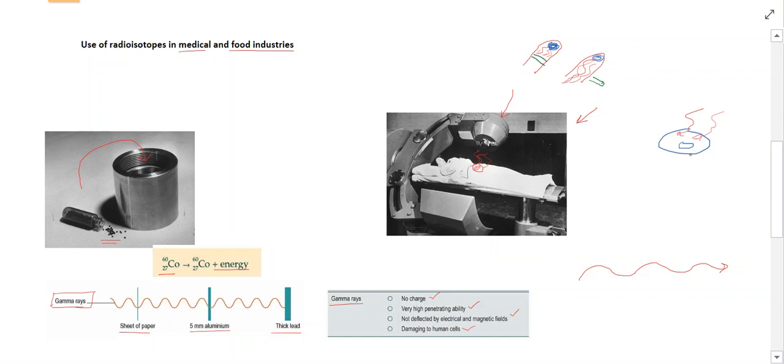But likewise, when you have a cancerous tumor like this, these gamma rays will come in and essentially destroy and kill off the tumor, and they might break it up, killing off the cancerous cells that are present. And this is what's known as radiotherapy. It's one of the uses of radioisotopes such as Cobalt-60.